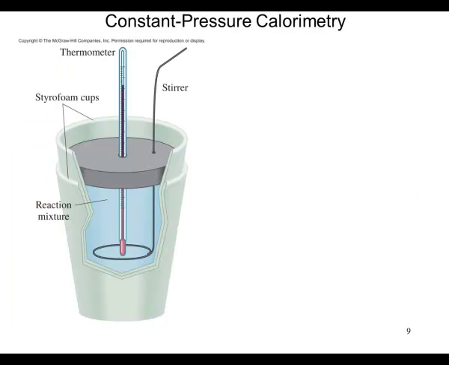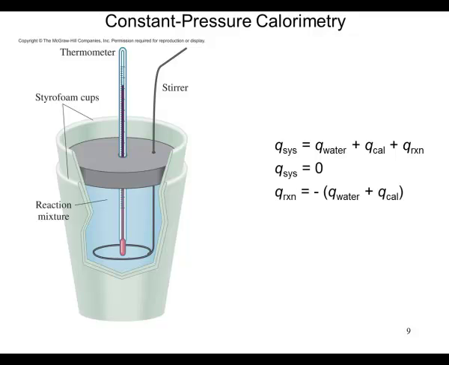More commonly used in chemistry is the constant pressure calorimeter. Here's a simple one using just an insulated styrofoam cup, a thermometer, and a stirrer. Here Q of the system equals Q of the water, Q of the calorimeter, and Q of the reaction. Again, Q of the system equals 0, so Q of the reaction equals the negative of Q of water plus Q of the calorimeter.